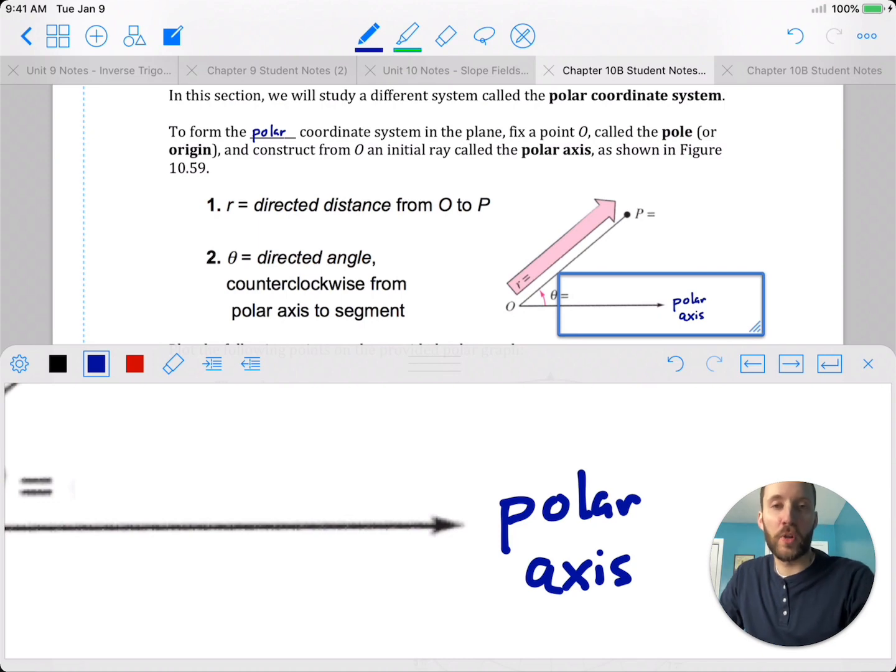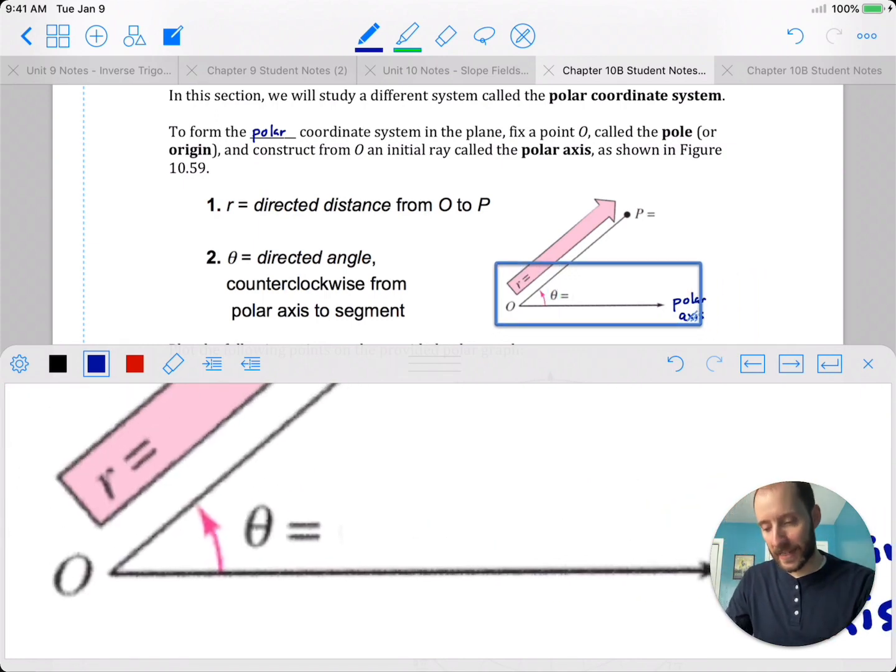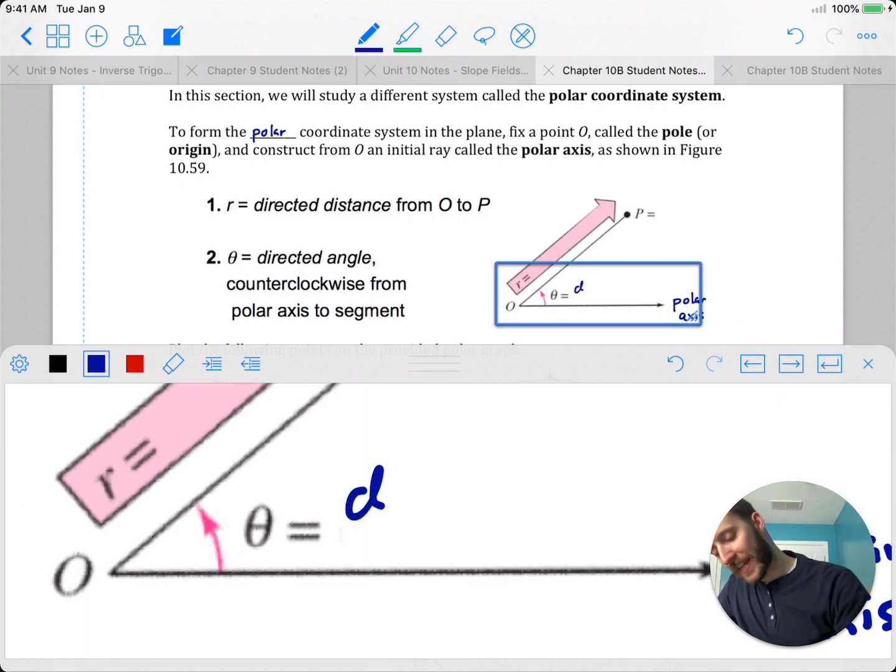From that polar axis, you create theta. You bring the terminal side away from the initial side, like we saw in chapter 4. And that theta is your directed angle.